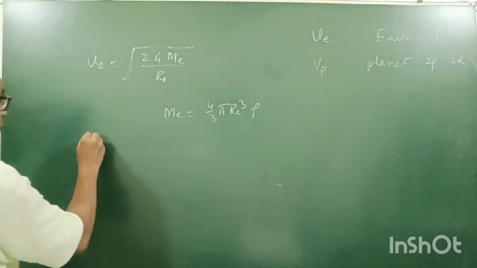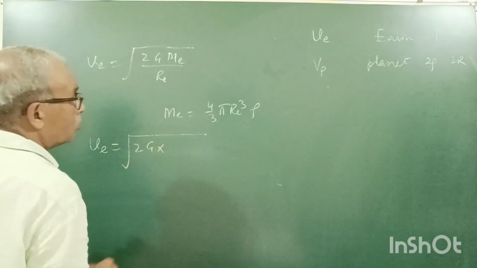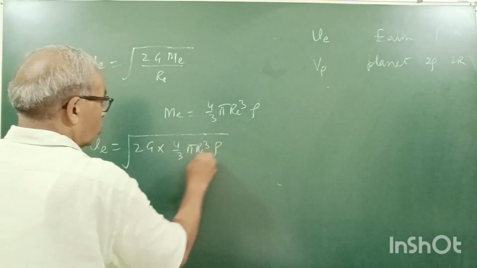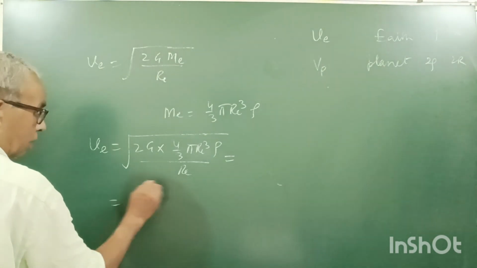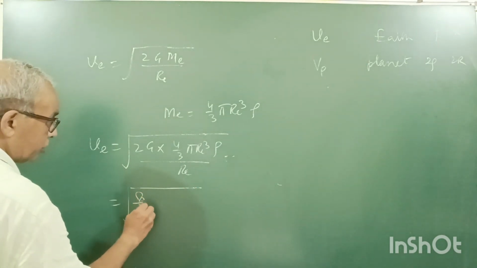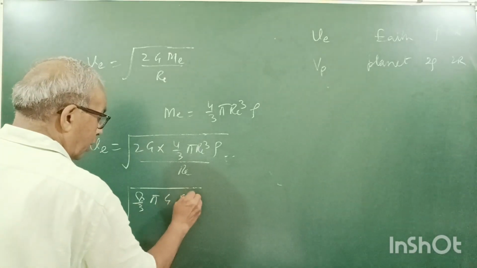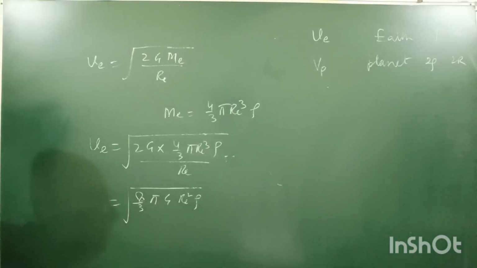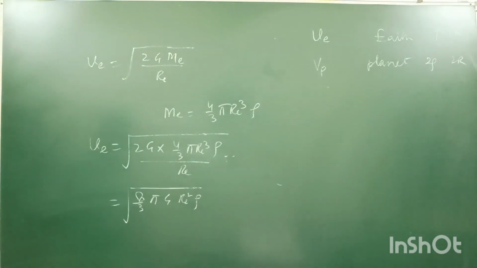So if I put it here, then VE will come out to be under root 2G into 4 upon 3 pi RE cube rho upon RE, which is equal to under root 8 by 3 pi G RE square rho. This is the expression for escape velocity in terms of gravitation constant, radius of Earth and density of Earth.